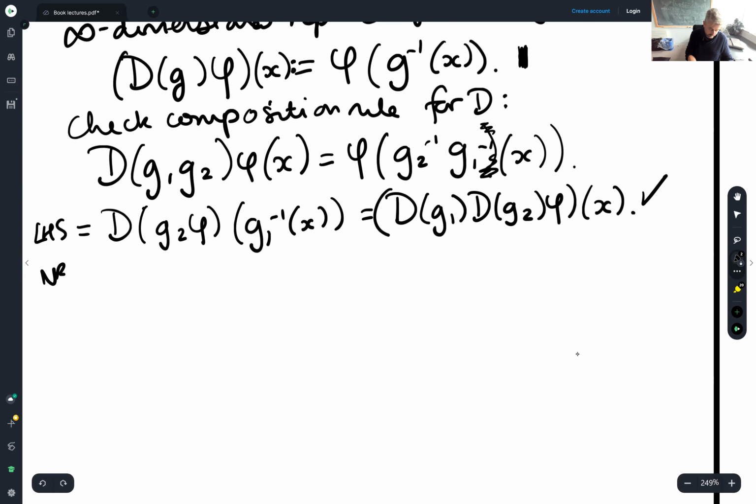So note that the little group acts trivially at the point x0.